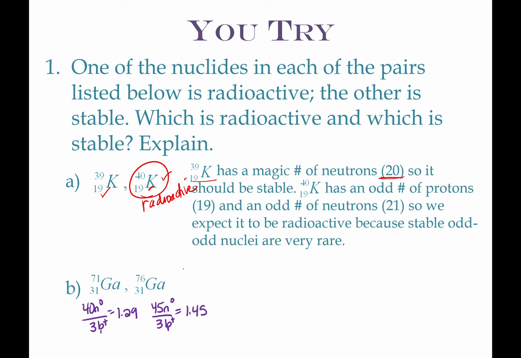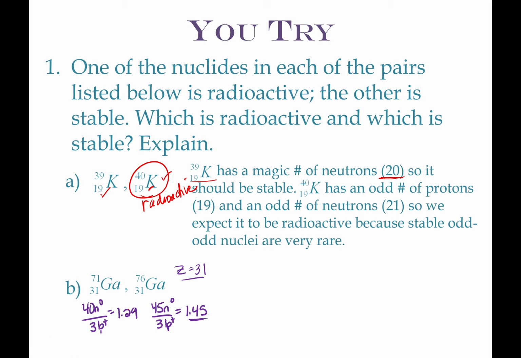Now we have a Z here equal to 31. So this isn't exactly that much higher than Z equal to 30, where it is okay to have a 1-to-1 ratio. So 1.45 might be a little high for this one to still be in the range.